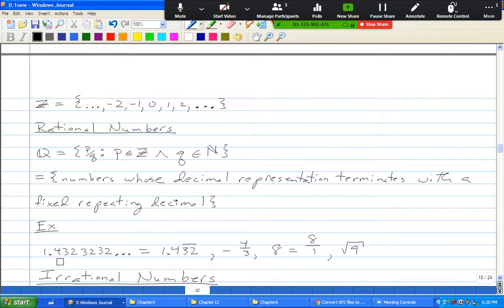Examples would be 1.4323232..., which we usually denote by 1.4 with 32 with a bar over it, or -4/3, or 8, which I can write as 8 over 1, or 3, which I can write as 3 over 1, etc. So those are examples of rational numbers.